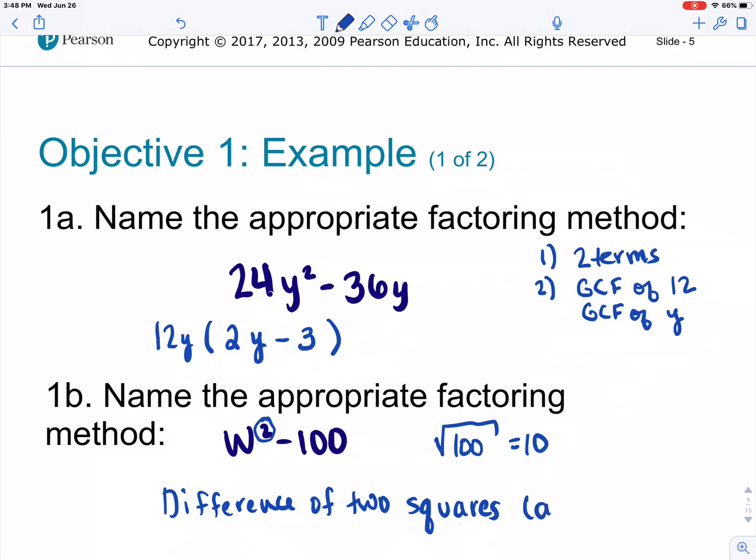This would be a plus b and a minus b, so I would do this one as w plus 10 and w minus 10. So the appropriate factoring method would be the difference of 2 squares.